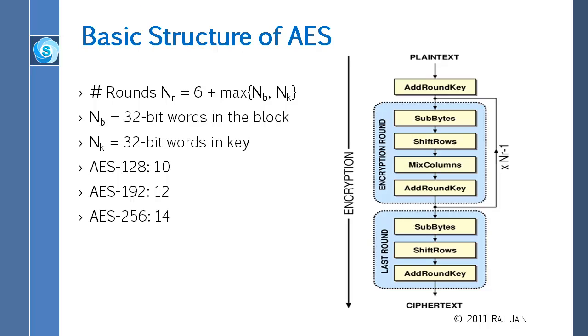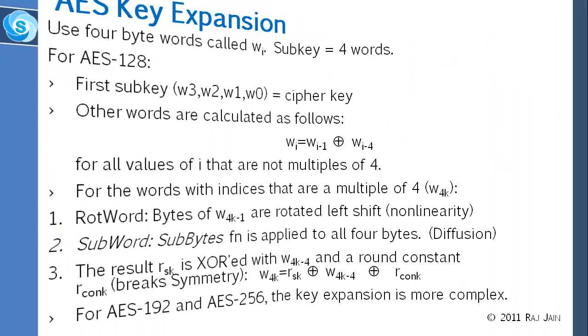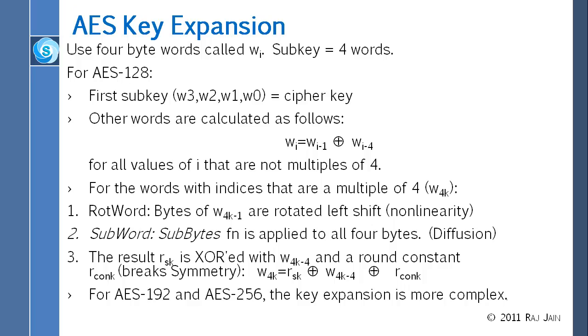The round key, again, the algorithm depends upon the key size, and we'll explain it for 128 bit because it is kind of complicated for other sizes. So for 128 bit, you divide that into 4 32-bit words, and so the first subkey is simply W3, W2, W1, W0, which means whatever 128 bit key you selected, that is your first round key.